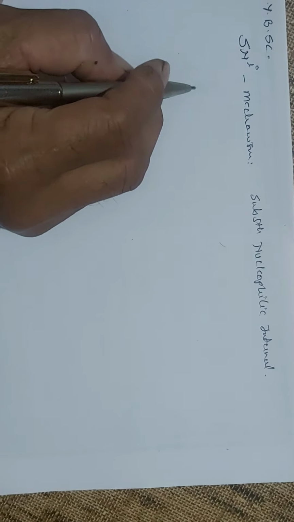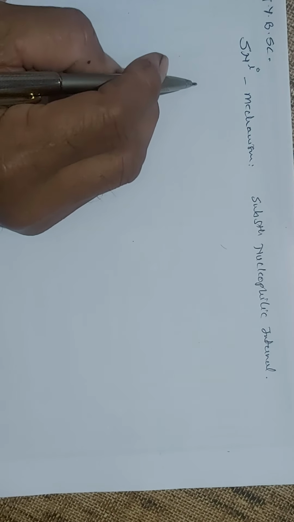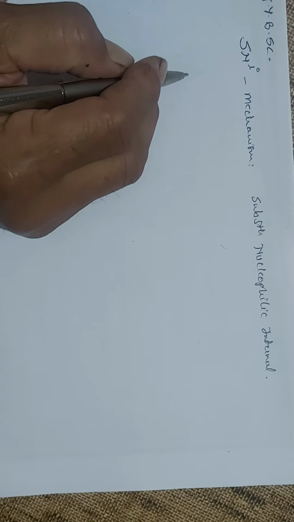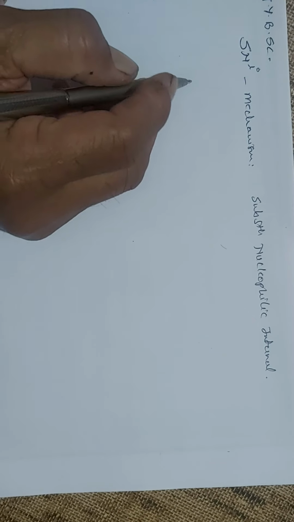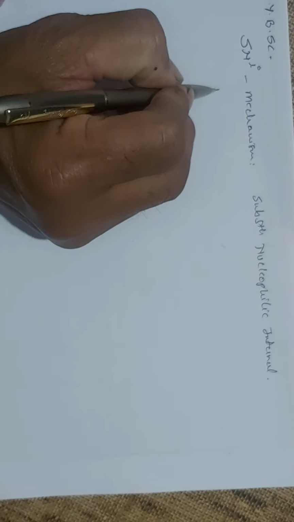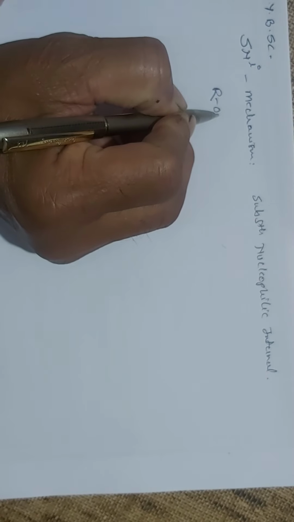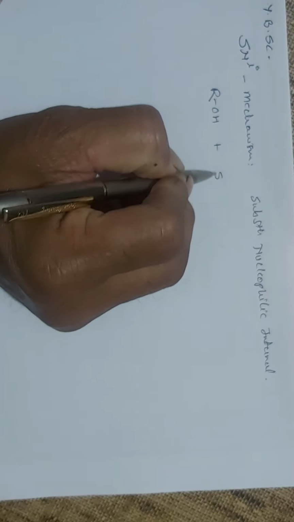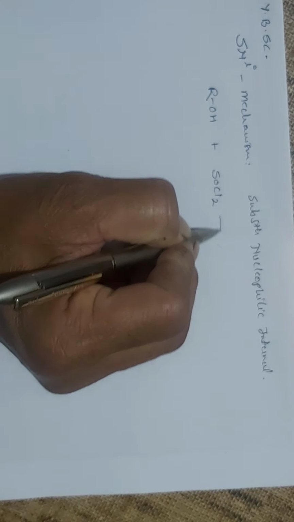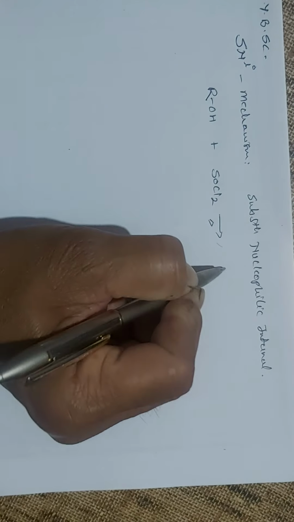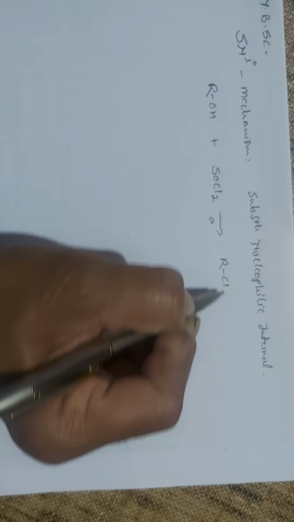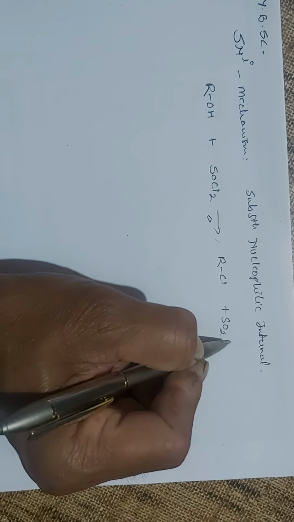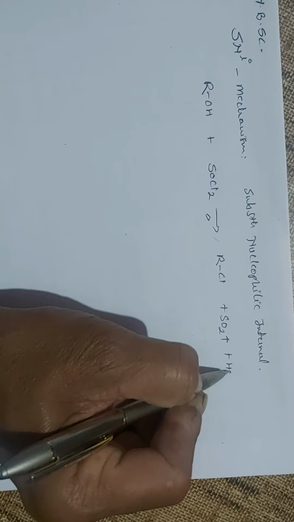this is a very common example of the reactions, which is the conversion of alcohols into alkyl chlorides by using thionyl chloride. That is the reaction of alcohols with thionyl chloride to give alkyl chlorides plus sulfur dioxide, and HCl is liberated.